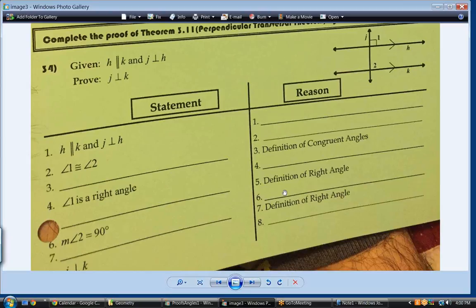Substitution. Yep. Because statement 3 says the measure of 1 is equal to the measure of 2. So if the measure of 2 is 90, then the measure of 1 is 90. Oh, hold on. Let's see. We're on number 6. Number 7.